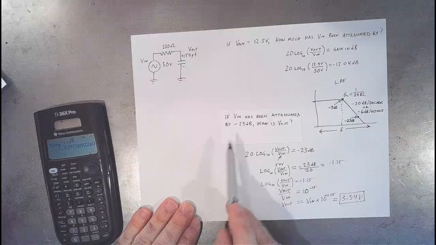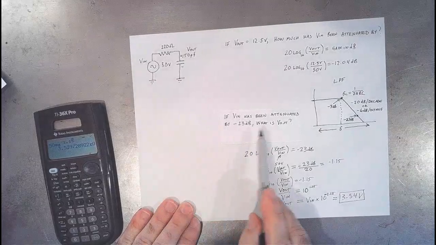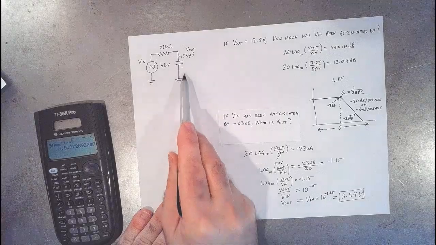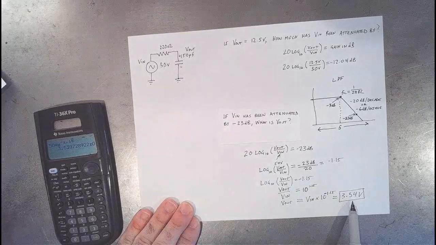So when V in, the 50 volts right there, has been attenuated by minus 23 dB, then we would be measuring 3.54 volts at V out there.